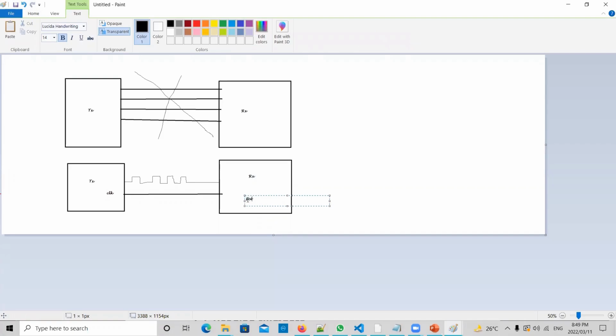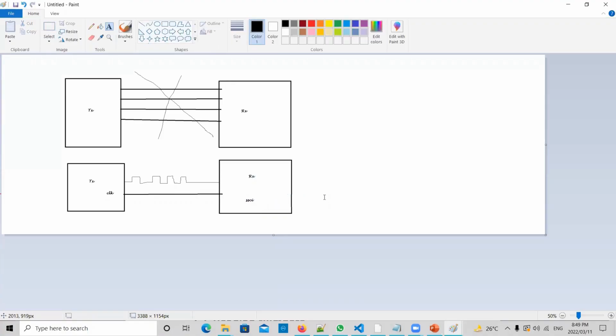They used to call it SSCI, which means synchronous serial communication. The synchronous serial communication used to have a clock as a baseline, and initially they will synchronize the clock with the receiver, and then they will shift the bits.